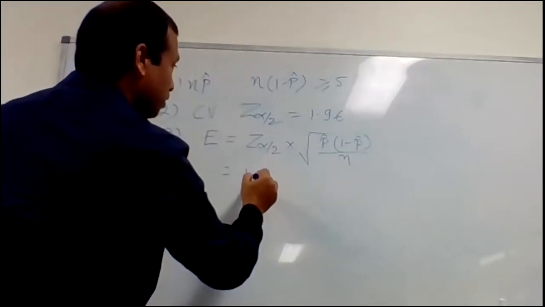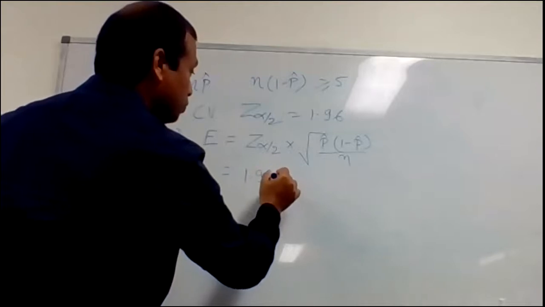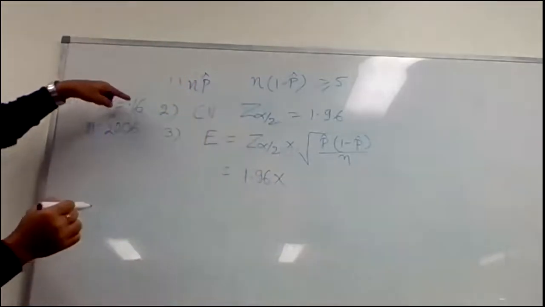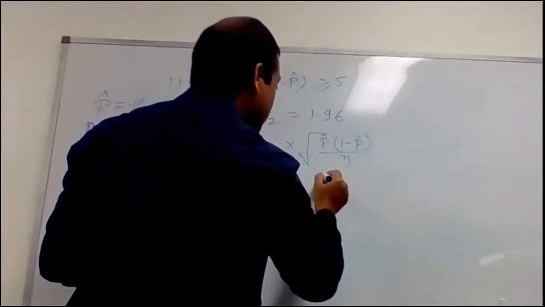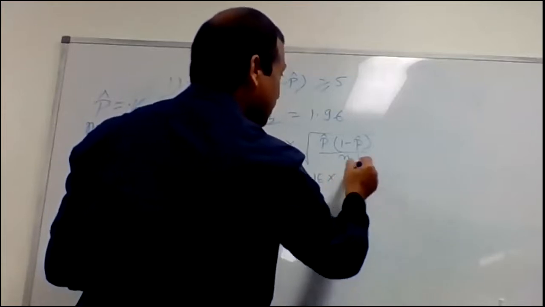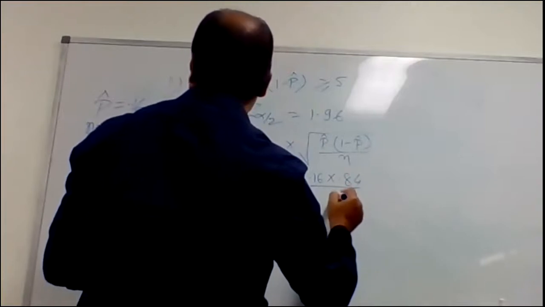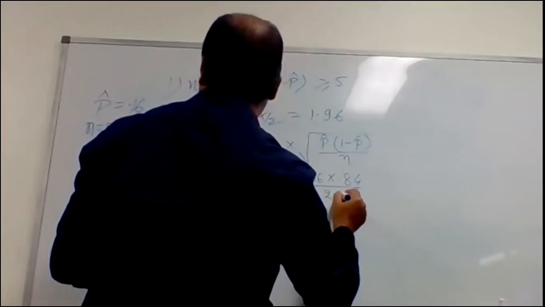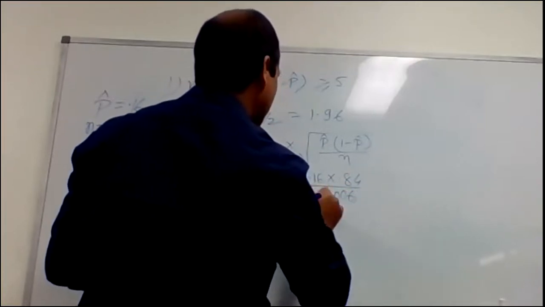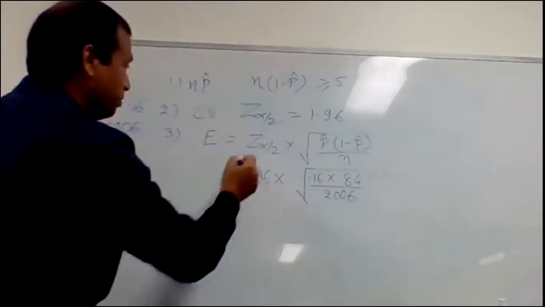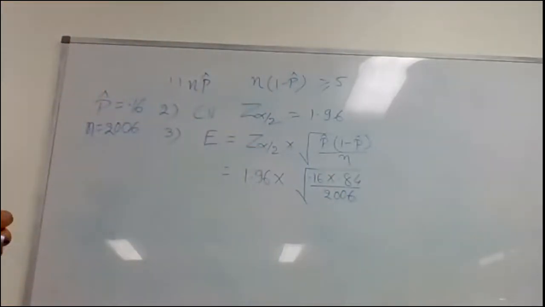Alpha by 2 we got 1.96 into p hat value is given 0.16. 0.16 into 1 minus 0.16 is 0.84 divided by 2006 whole square root. Can you find out the value of E?